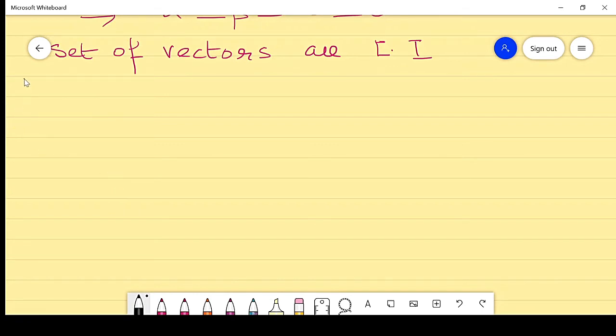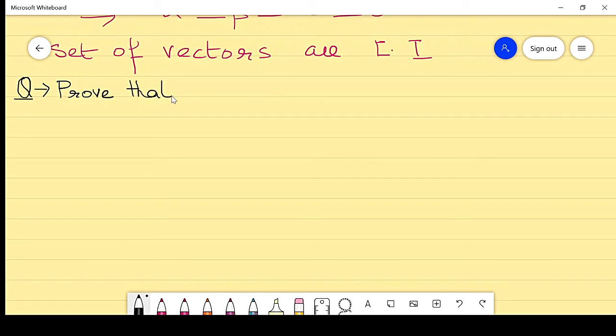Now next question, again of this type. Prove that the vectors are linear independent. Again same type, but we will use a different method.